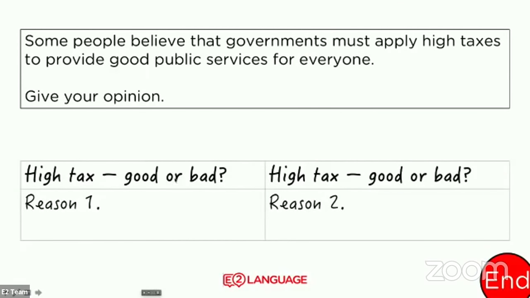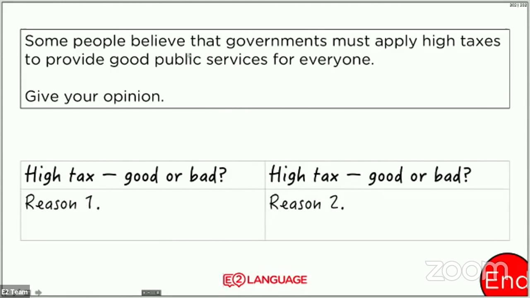Let's say I'm going to argue that, yes, I agree. Governments should apply high taxes. Whether I agree or not is beside the point. Let's just agree for argument's sake. Yes, high taxes are good, okay, to create good public services. So I'm going to go with good.